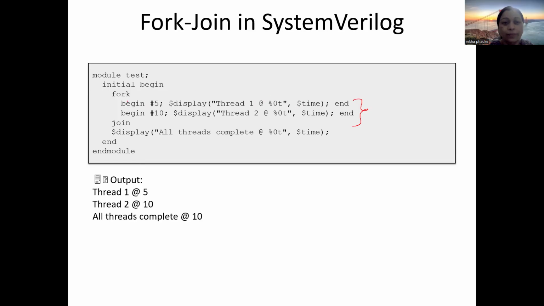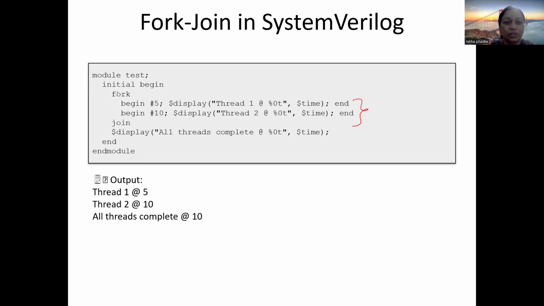And after a delay of #10, another display message is written, and then it's followed with join. And after this fork join block, we have the next statement of that process, which is $display, where all threads complete is displayed at $time.